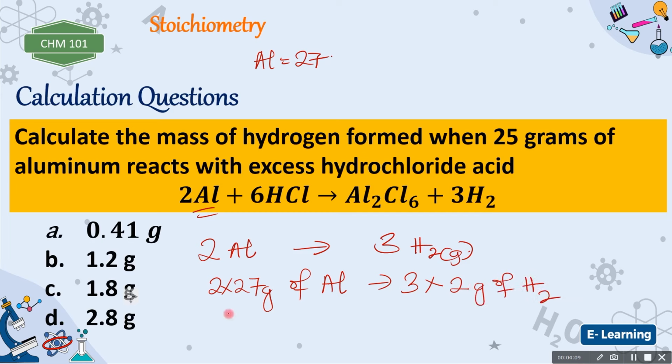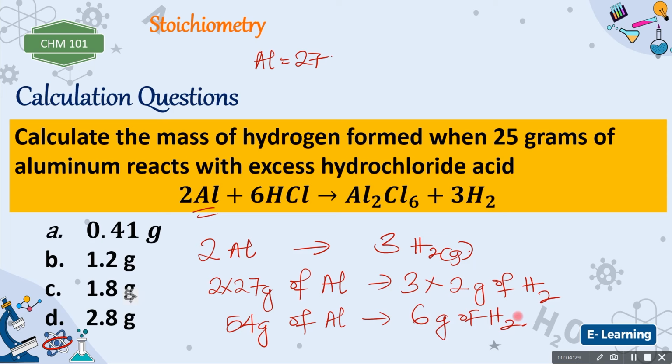Now these are the theoretical masses of each of them that reacted. 2 times 27 will give us 54. So we can say 54 grams of aluminium reacted to form 6 grams of hydrogen.